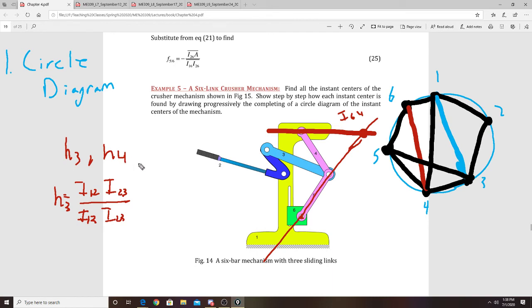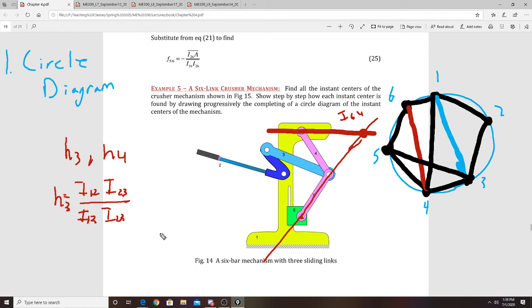And then similarly for H4, it would just be everything with a 3, you plug in a 4 there. So actually, if it asks you for a specific link's kinematic coefficient, like these two, H3 and H4, you don't need to find all the oddball ones. For example, if you needed to find H3 for this question, you would not need to find, say, 6, 5, or 1, 4 or something like that. Or 3, 6 or 3, 5.